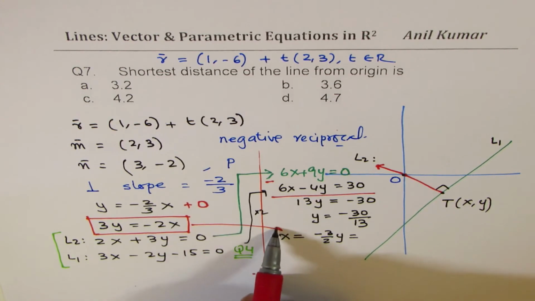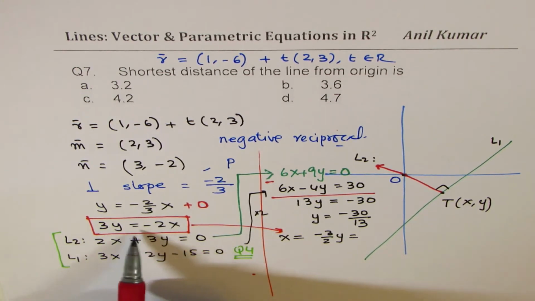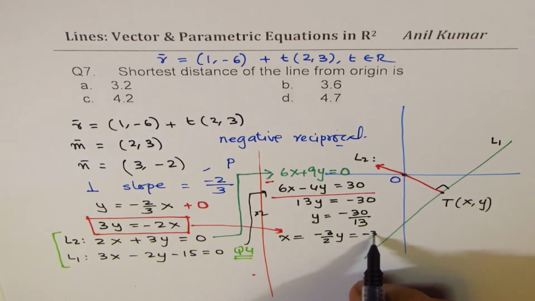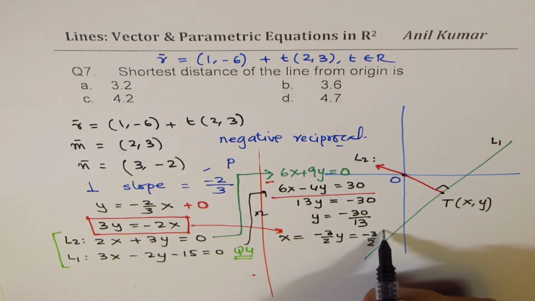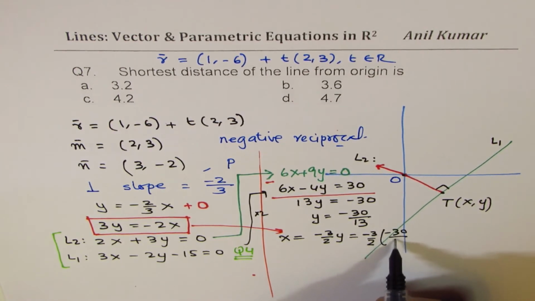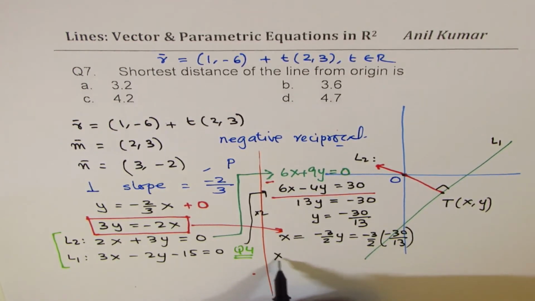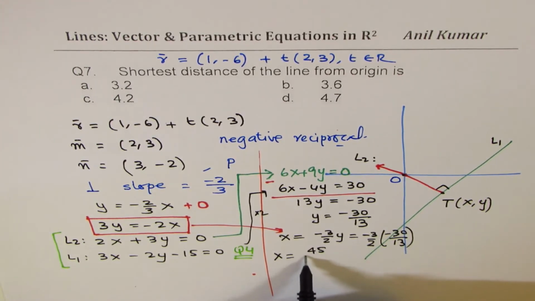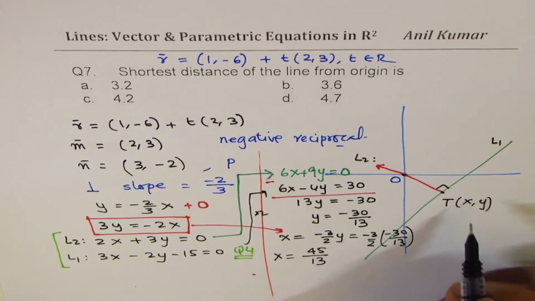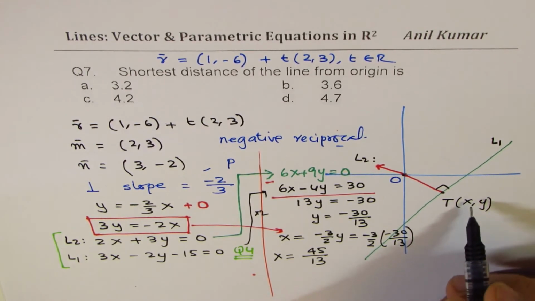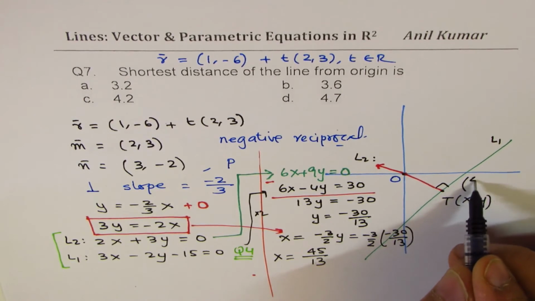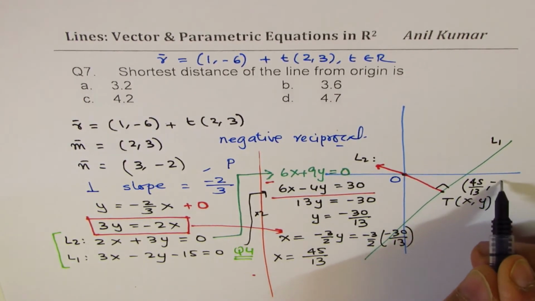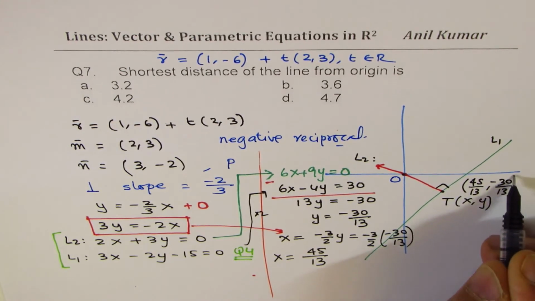So it gives me minus 3 over 2 of minus 30 over 13. So we get x equals a positive value, 15 times 3, 45 over 13. So this point which we are talking about has x value 45 over 13 and y value minus 30 over 13.